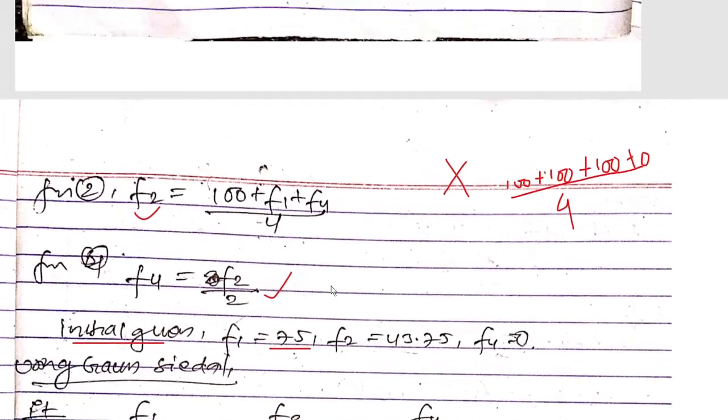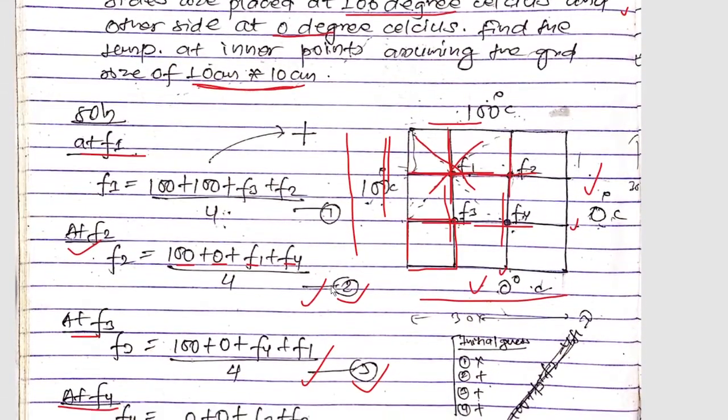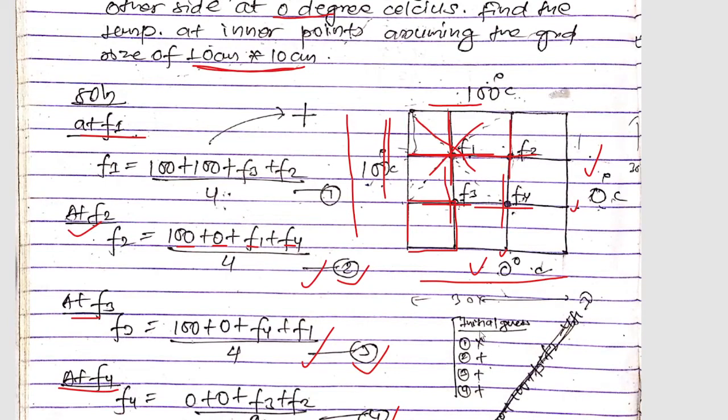Similarly, to calculate the initial guess at f2, the trick is that first we use the cross sign, and then for the remaining we use the plus pattern. Right now we are looking at the initial guess for f2, so we will use these plus patterns, not the cross pattern.